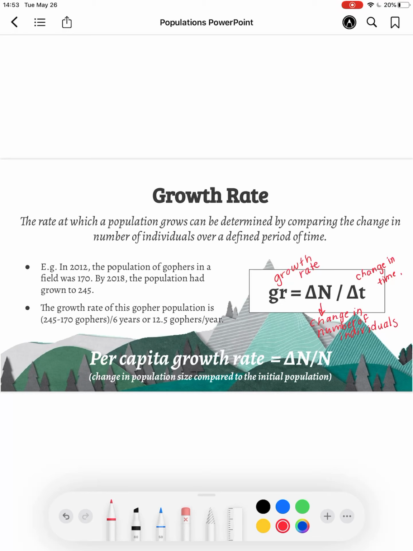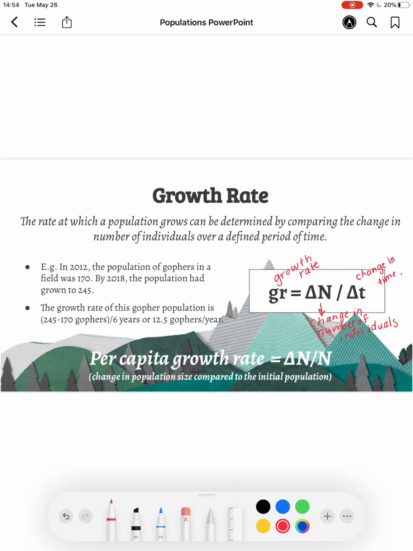But that wasn't really that many individuals if you think about it. Another population might have 100,000 and grow by 2%, but that's actually a lot more individuals than the one that was added. So per capita puts it into perspective, showing how much it has grown in comparison to how many individuals live in the population.